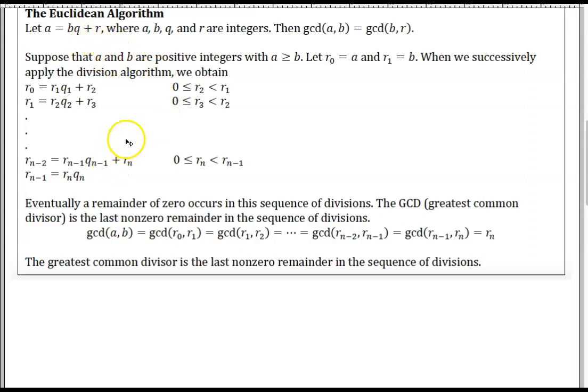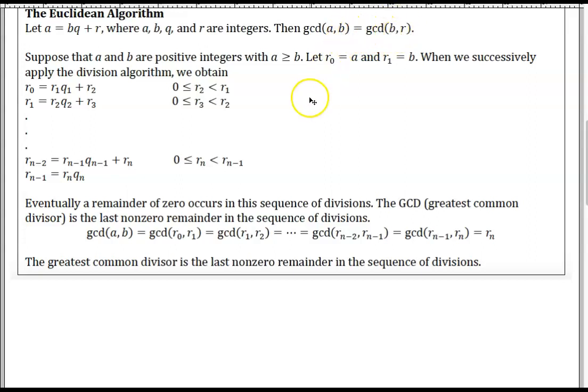very similar to the divisibility formula. Basically it says that if we take our first integer a and write it as the other integer times the quotient plus the remainder, so we're basically dividing a by b and finding the mod each time, then the GCD of the original numbers is equal to the GCD of b with the remainder.